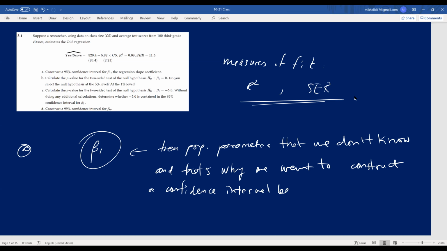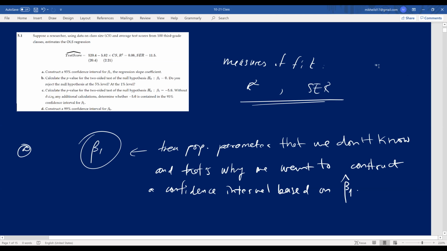Based on what? Based on the sample analog or sample estimate of this true population parameter, which is beta 1 hat. Am I clear?